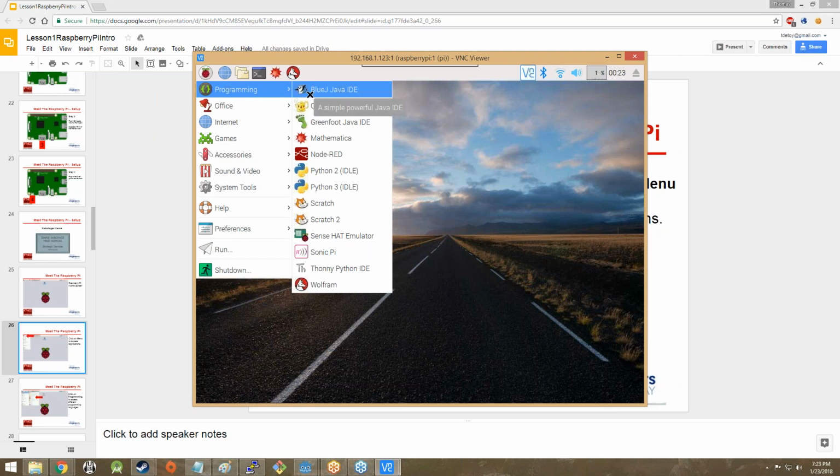So we got BlueJ, which is a Java IDE. IDE is integrated development environment. If you've ever messed around with programming, with typing programming, not like Scratch, you'll know that not only do you need to type the code out, you need to have the computer interpret the code and tell you whether or not the code's correct, and then you need to have the computer run the code and turn it into a thing that you can run.